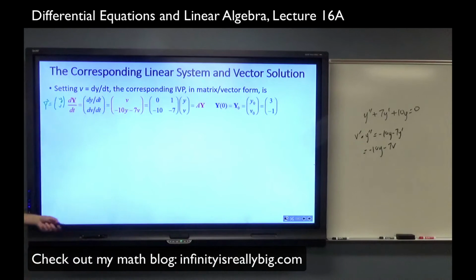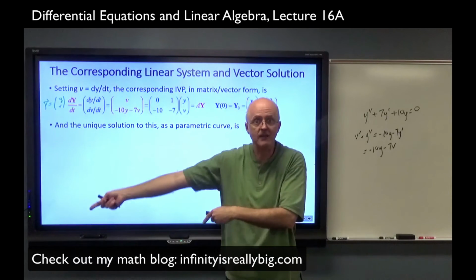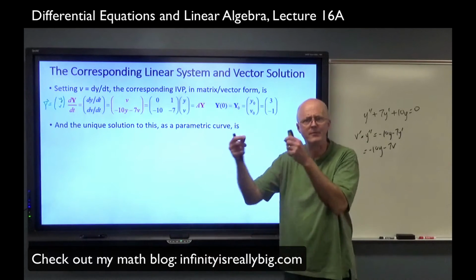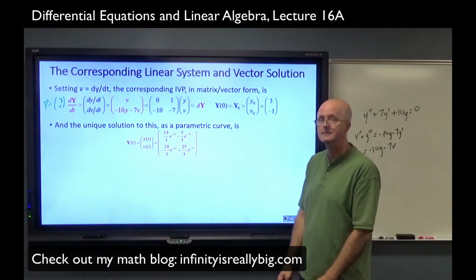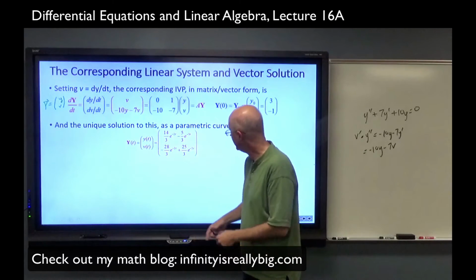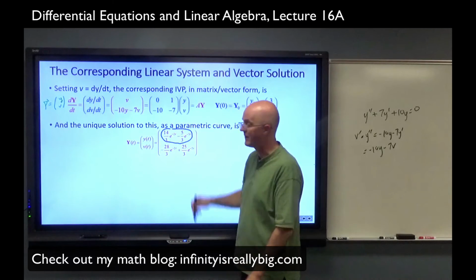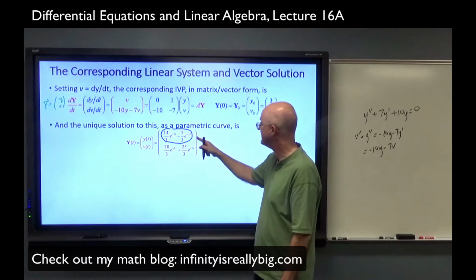We're now going toward the phase plane, a solution in the phase plane. The unique solution of this, as a parametric curve, can be found using the solution to the scalar equation from the previous slide. Plug the answer in for the first component and differentiate it for the second component. And get this, right? This was the answer for little y from the previous slide: 14/3 e^(-2t) minus 5/3 e^(-5t).